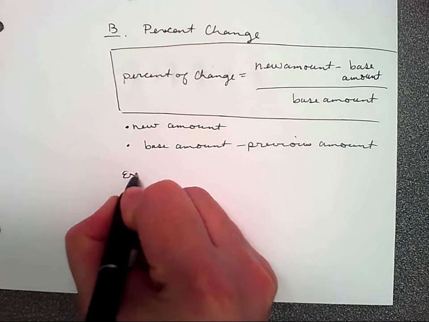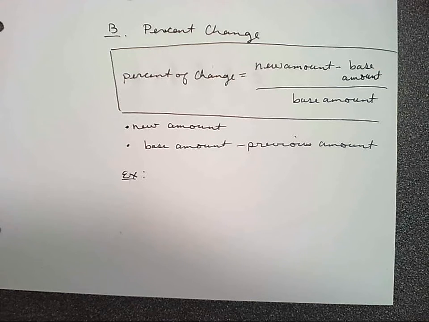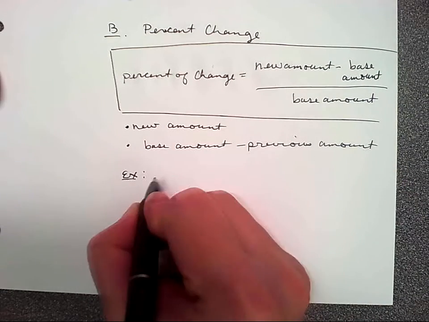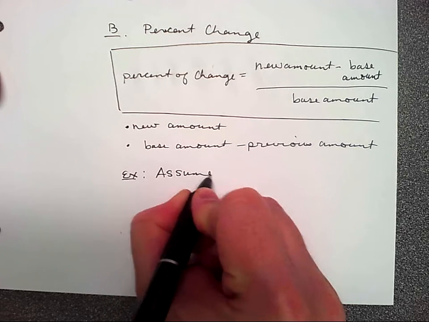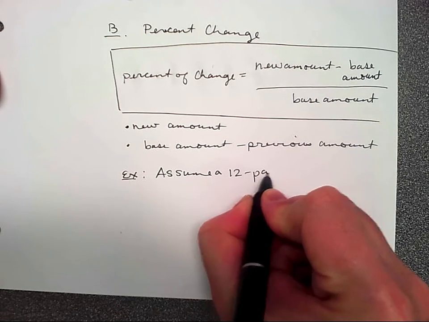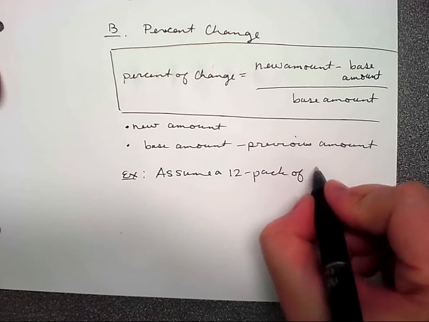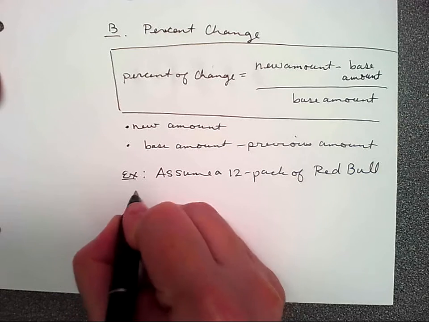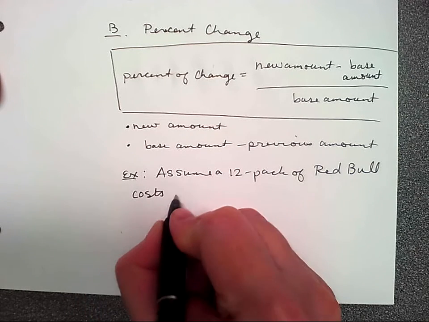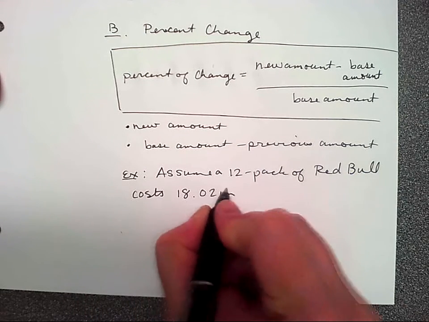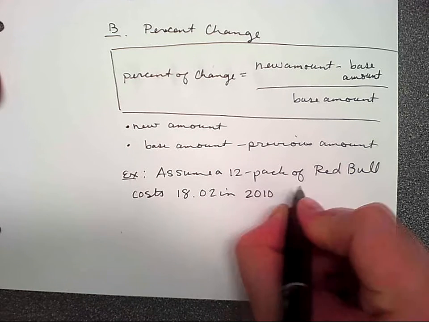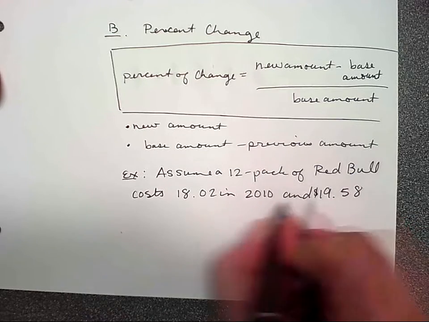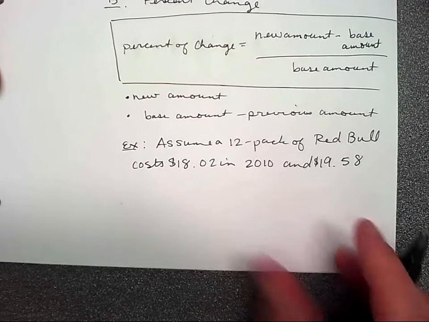Okay, let's do an example. A lot of these are word problems because they have to do with money, right? So assume a 12-pack of Red Bull costs $18.02 in 2010 and $19.58 in 2015.